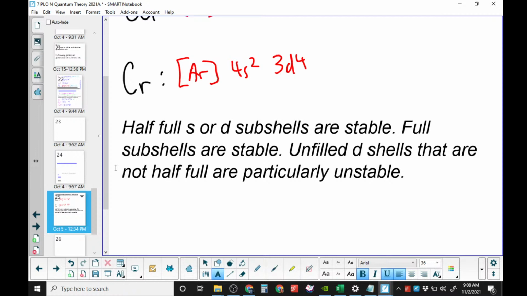Is there a configuration, if you moved electrons around, that would be more stable? They won't go into the P. They have to. They're in the S and the D. Because the P is the next level up, so they're not going to gain more energy. That would be exhausting.